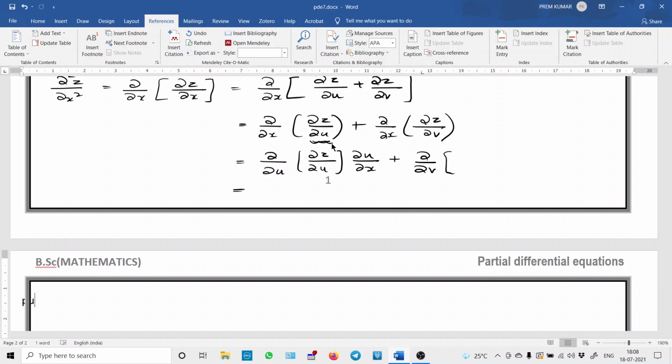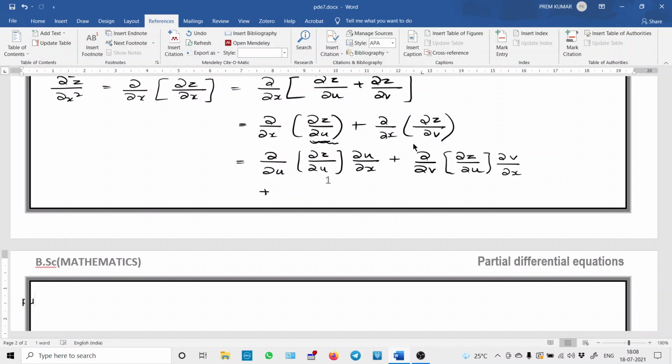This ∂/∂u of ∂z/∂u into ∂u/∂x, plus, now we go to the second term.